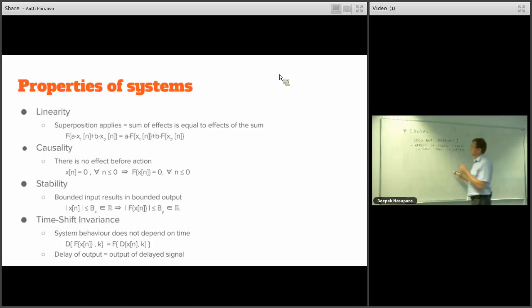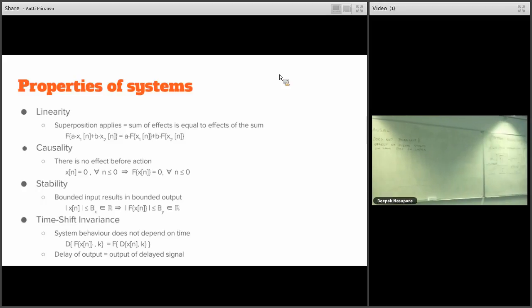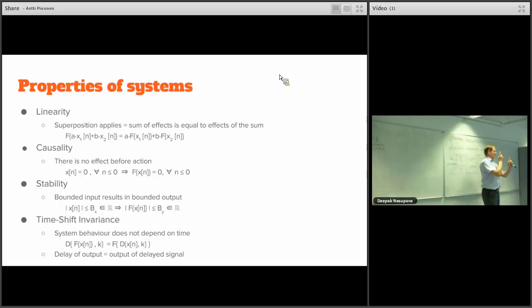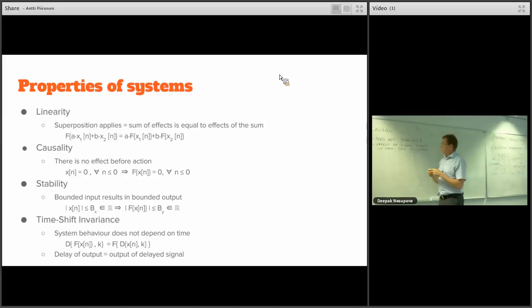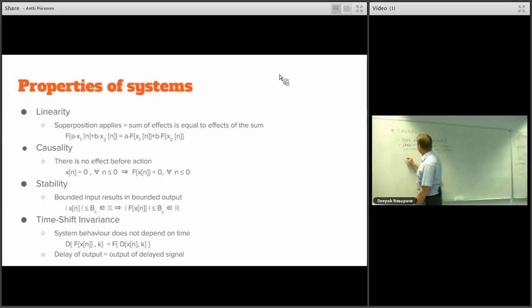All right, so causal. Well, most natural systems are causal. In electronics, of course, or digital, you can also make non-causal systems, since in a sense you know the future if you are post-processing the data. When you're processing this point, you can go to either positive or negative indexes to check the data. Okay, causal. No action before reaction.